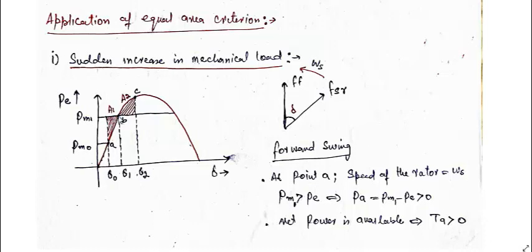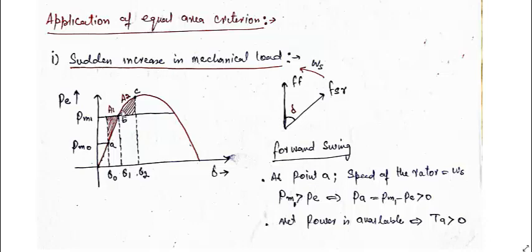There will be no accelerating power at this point. Beyond this point, accelerating power is not there, but the speed of the rotor here is 1510 rpm, which is greater than the speed of this, which is 1500 rpm. Delta will still increase beyond this point also.